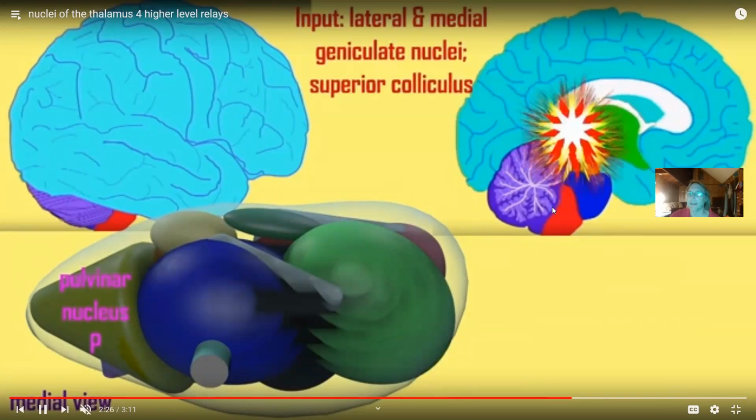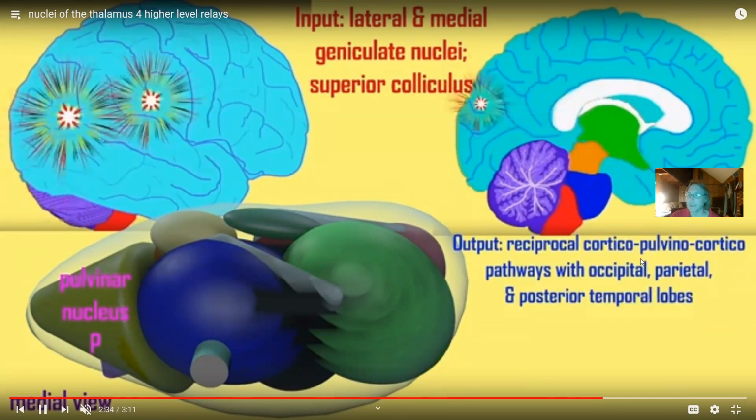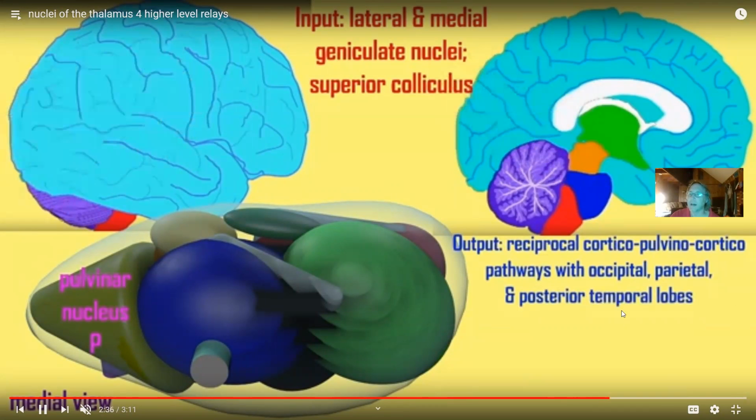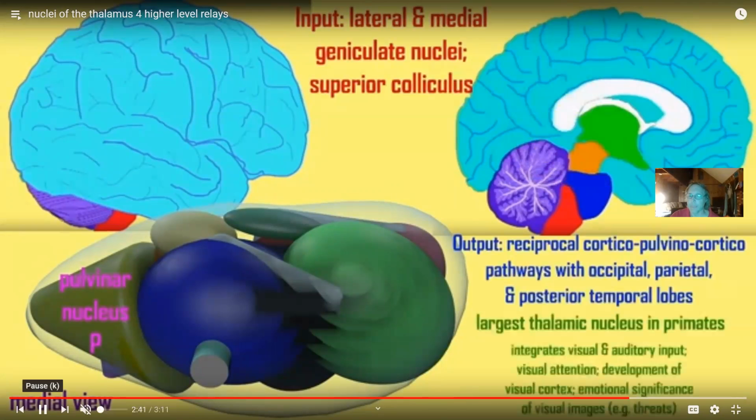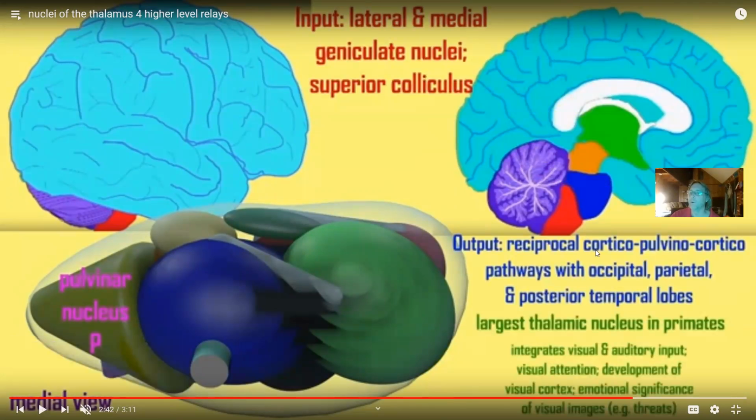But that's getting information from a number of regions, including other regions of the thalamus, the medial and lateral geniculate nuclei. And then there are a lot of reciprocal connections in the cerebrum, with reciprocal cortico-pulvino-cortical pathways going from the cortex to the pulvinar nucleus back to the cortex.